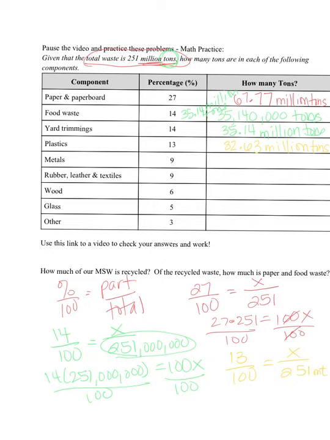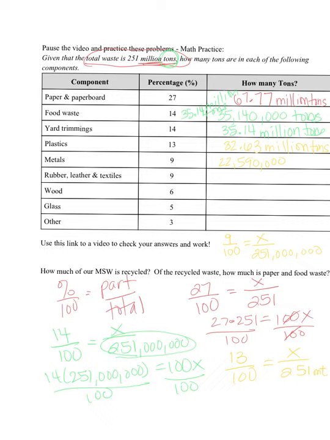Okay. Metals. Now this one is going to be 9. So I'm going to say 9 out of 100 is part over, I'm going to do this one where I'm going to write out 251 million with all those zeros. When I cross multiply and solve on this one, I am going to get 22,590,000.